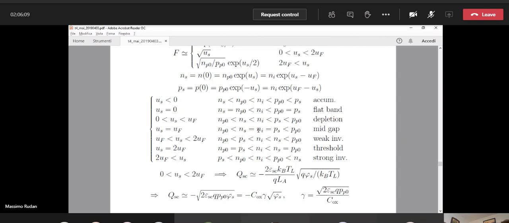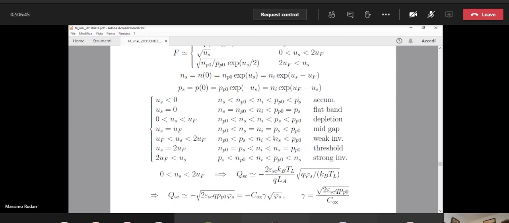If we keep increasing US, so that now US is in between UF and 2UF, it happens that the concentration of the electrons at the surface becomes larger than Ni, but still is smaller than PP0, whereas the concentration of the holes at the surface is smaller than Ni, still larger than NP0. You see that the relative concentrations of electrons and holes are, so to speak, inverted.